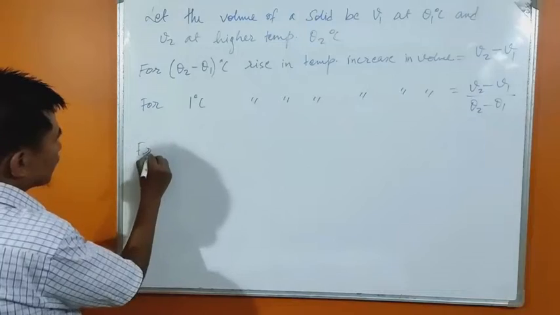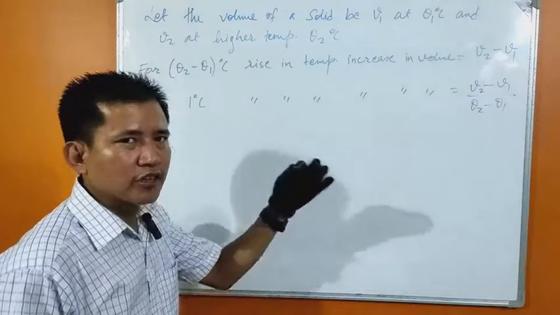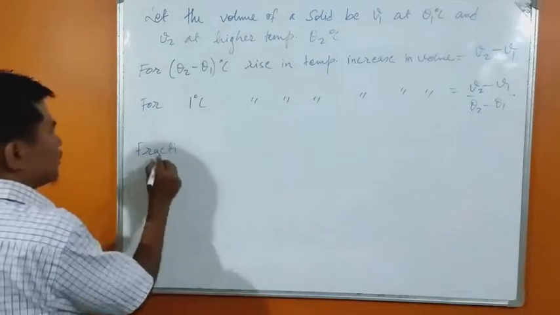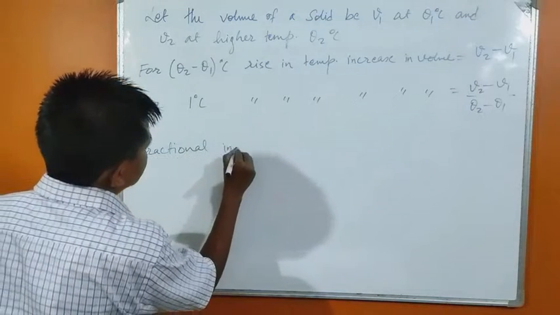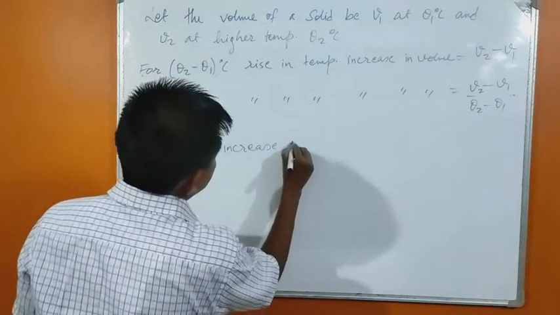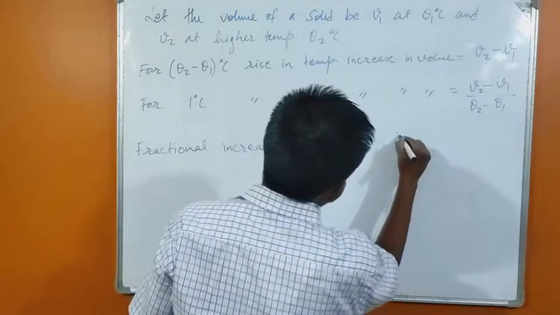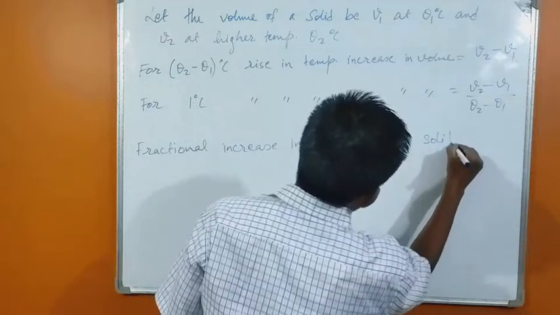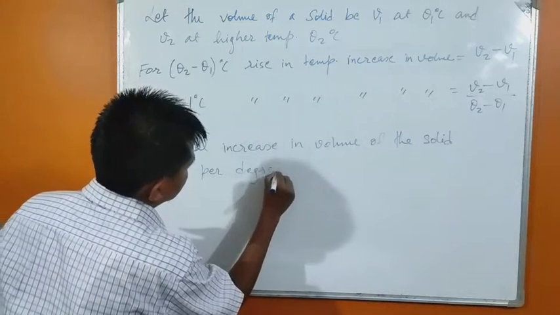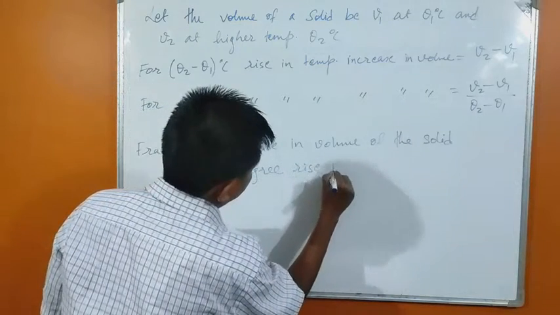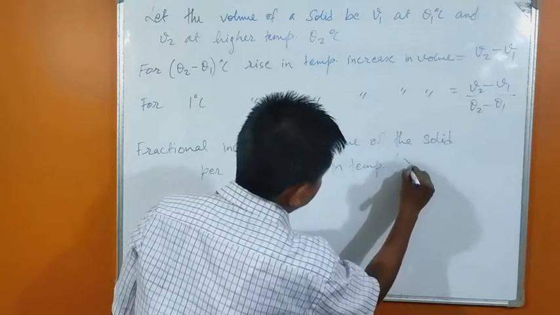Therefore, this is the definition of coefficient of cubical expansion of solid. Fractional increase in volume of the solid per degree rise in temperature is denoted by the letter gamma.